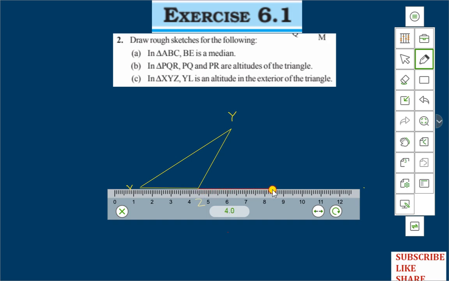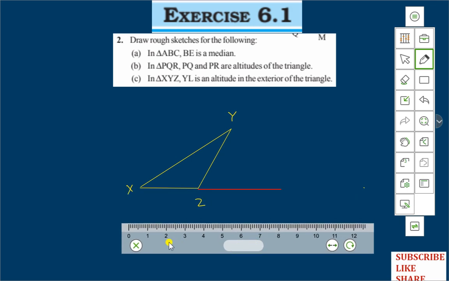Here extending this line, right? And the name of this line is XZP. Let us take this one as P. This is P.